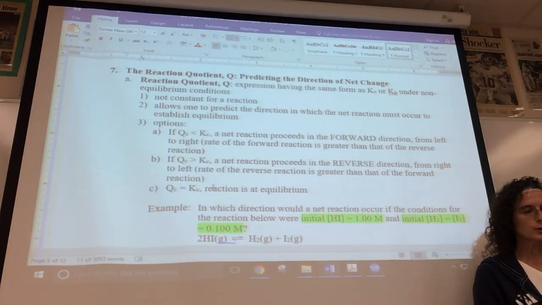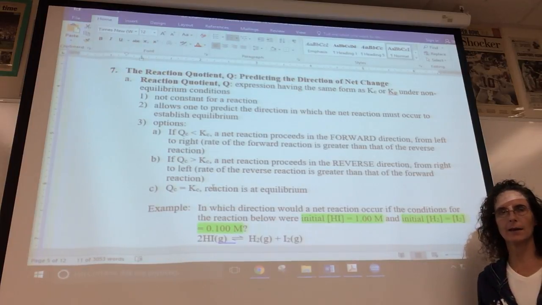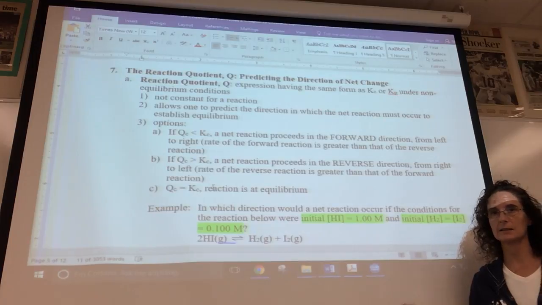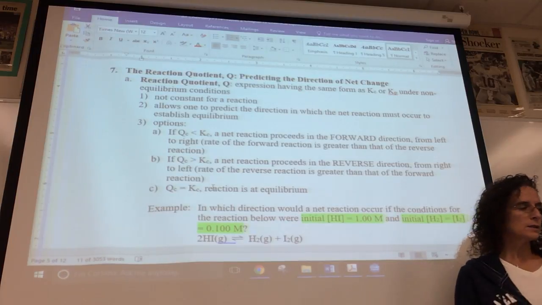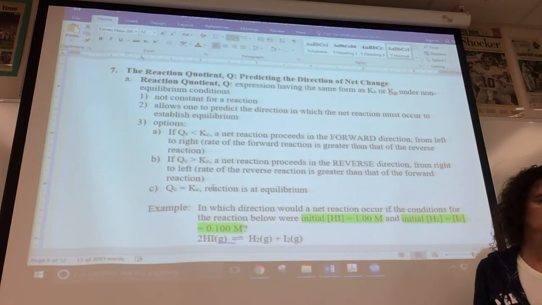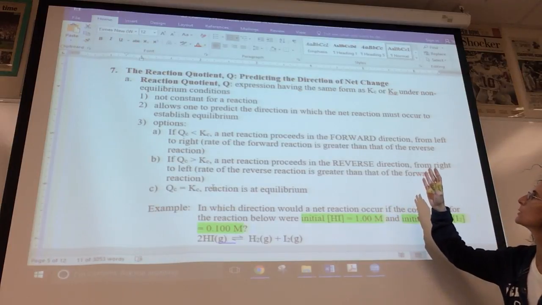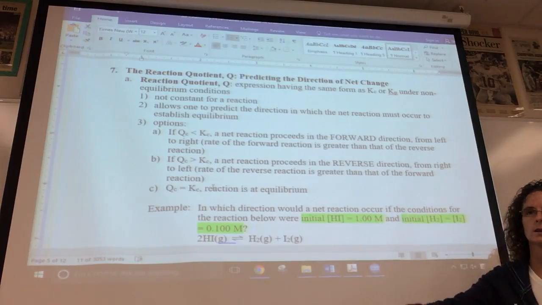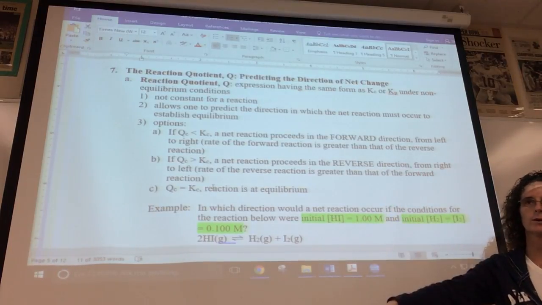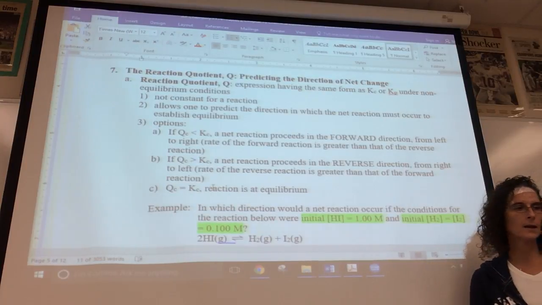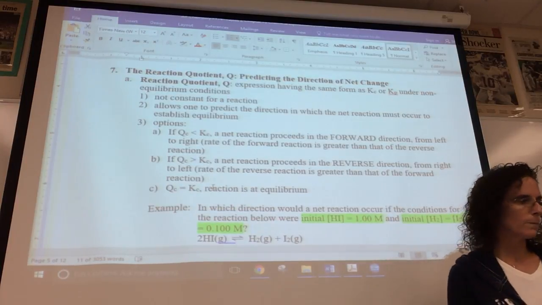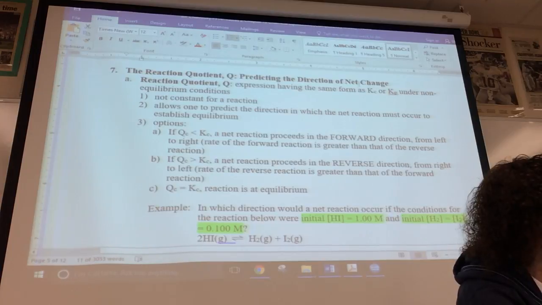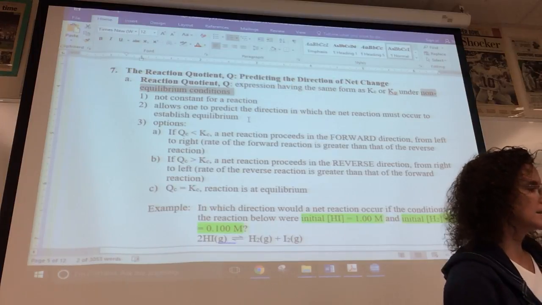We're going to introduce Q here, but we're not going to come back to it until next time, but that's okay. It says the reaction quotient Q is going to help us predict whether the reaction is going in the forward or the reverse direction. Q sets up identically to Kc or Kp, but now you're under non-equilibrium conditions.